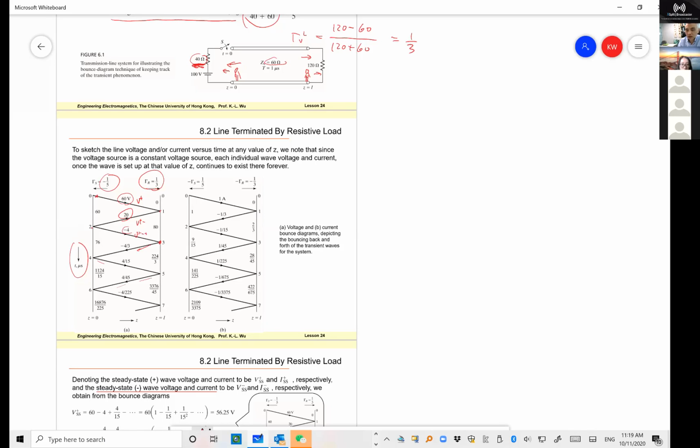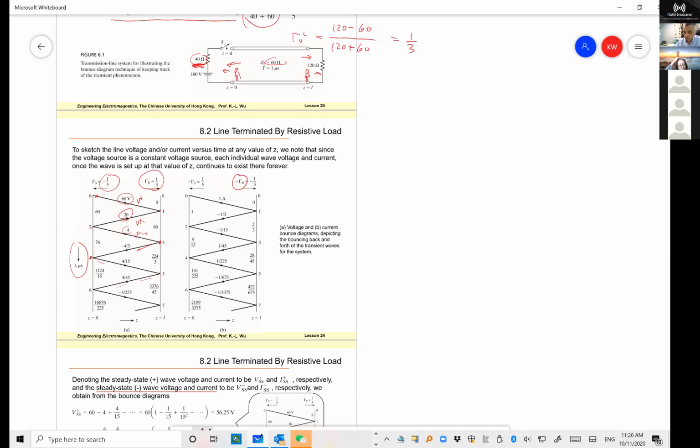Every time you multiply by one reflection coefficient, then another reflection coefficient, and so on. So this is what we have for voltage. And the B is the current. It's the same thing, but starting with the initial current. You find the initial current, multiply by the current reflection coefficient, which is the negative of the voltage reflection coefficient, and so on.